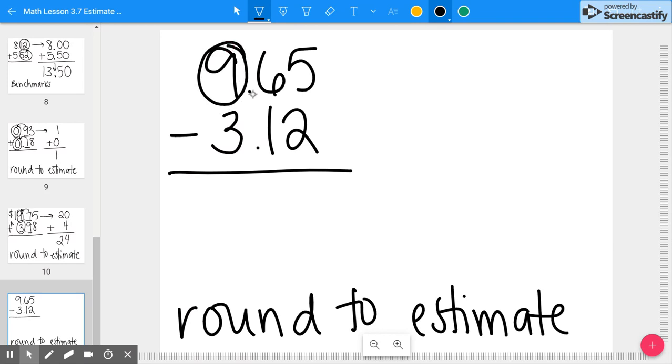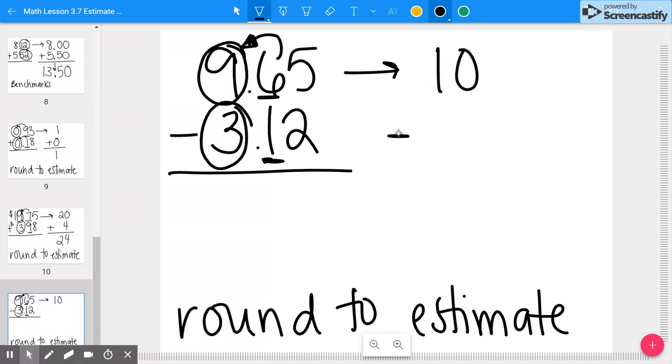So I'm going to circle the whole number, underline the number to the right of it. This 6 is telling me that I need to add 1 to this 9. Because remember, 5, 6, 7, 8, or 9 is telling me that I need to bump this circled number up 1. So I'm adding 1, so now this becomes a 10.